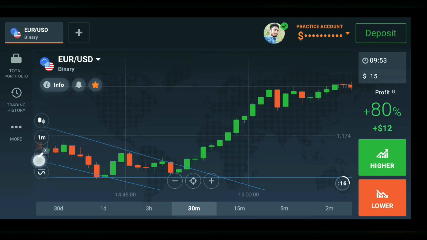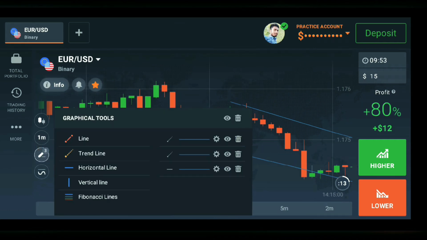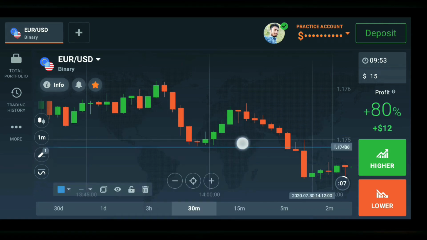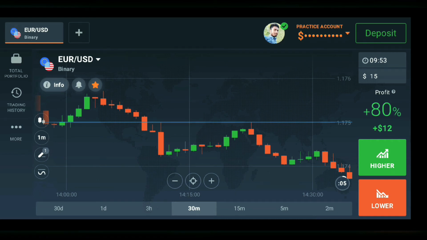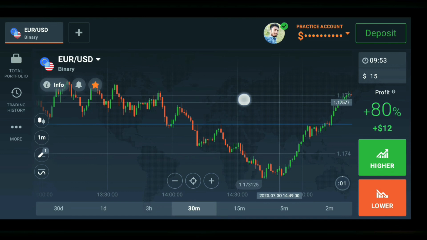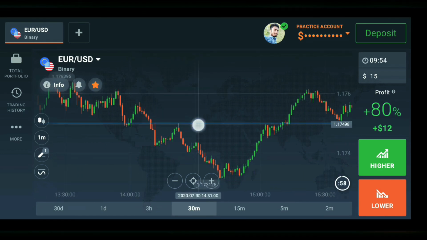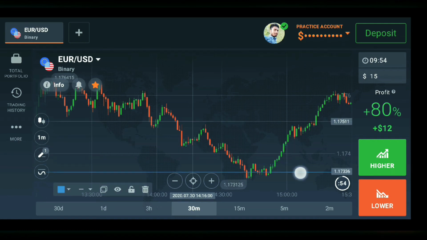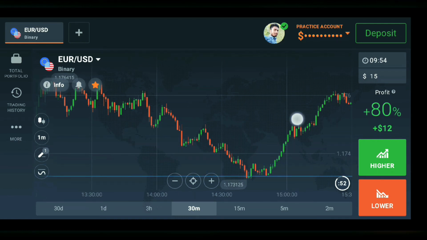Market reversed in the middle of this. Market is reversed from here, right?